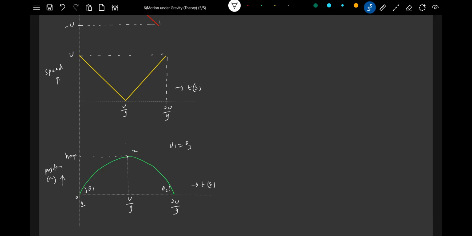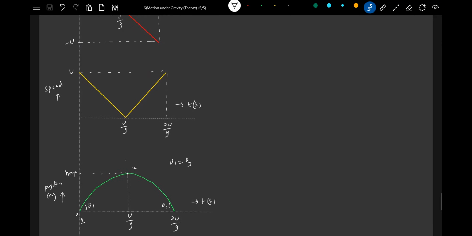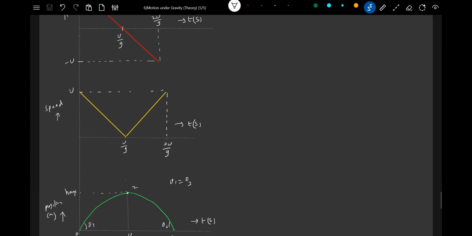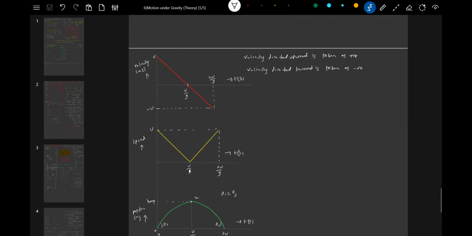These are very good problems, very good conditions. The position versus time graph will be of this kind. So for a body projected vertically up, the curves will be in this way.